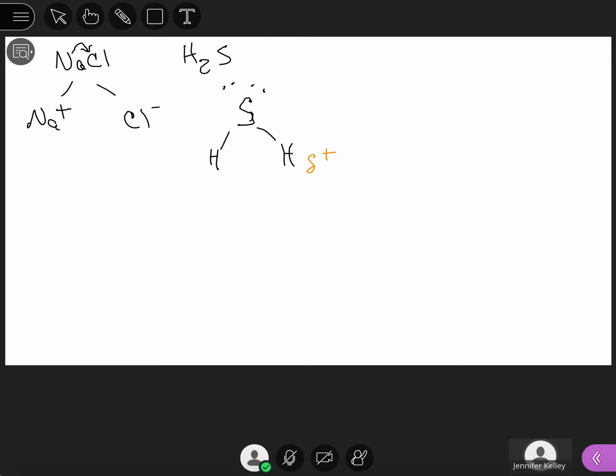All right, so this part is partially positive. This part is partially negative. So if you're guessing, looking at the H2S, will the H or the S be more attracted to the Cl-?